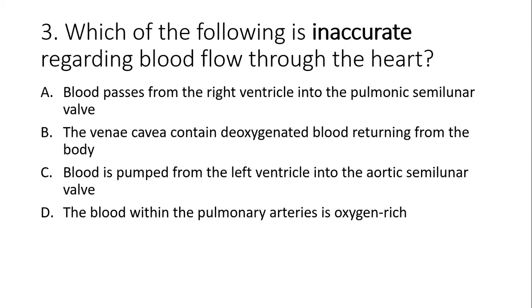That's the only place that I'm aware of in the body where it's the opposite. Anywhere else in the body, the arteries are flowing away from the heart, which they do with the pulmonary arteries. But the big difference is these arteries are oxygen poor because they're going from the right side of the heart to the lungs to pick up oxygen to come back to the left side of the heart, which brings blood out to the body.